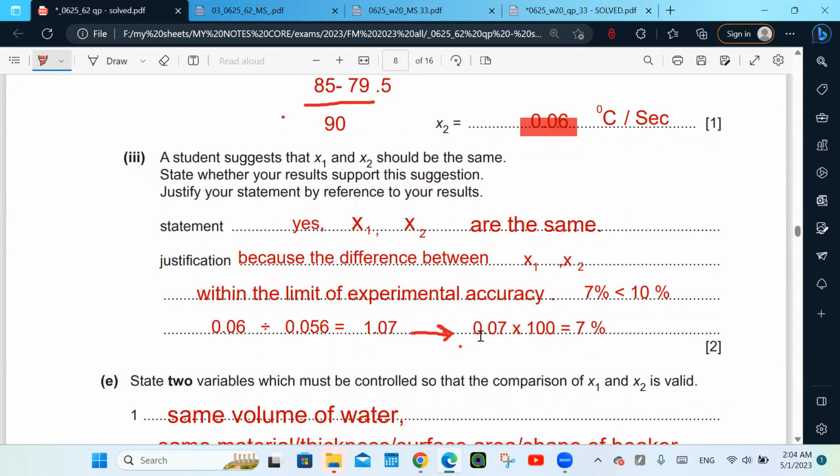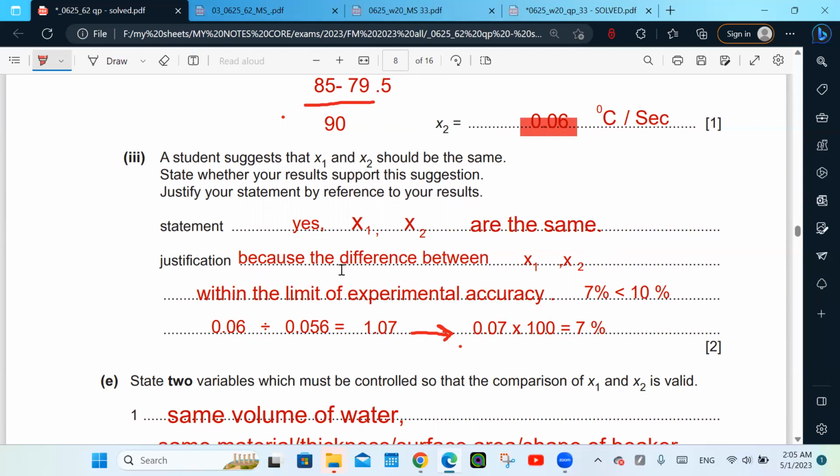You can calculate the limit of experimental accuracy. Experimental error here is accepted in our alternative to practical paper if the percentage is smaller than 10%. So the answer is within the limit of experimental accuracy, so my justification is correct in this question.